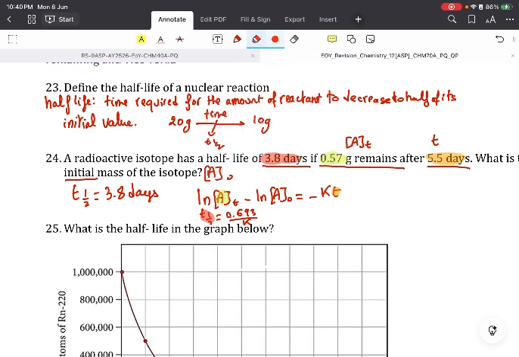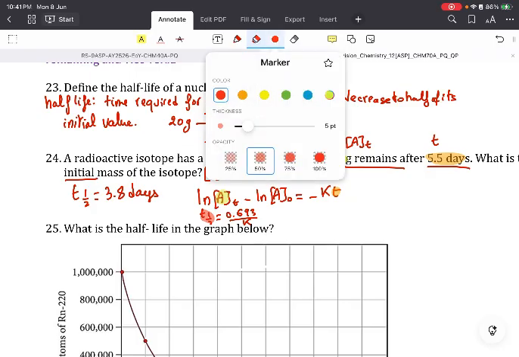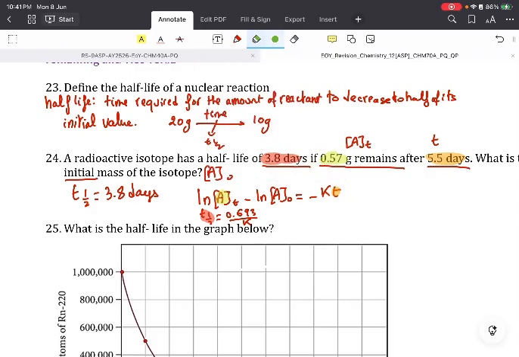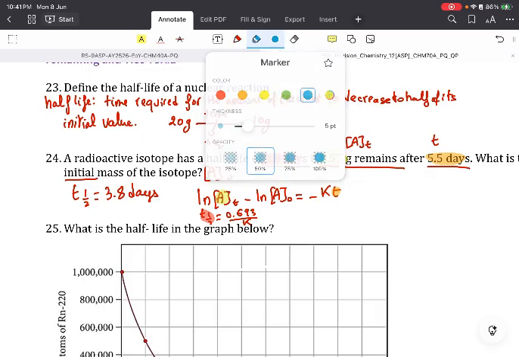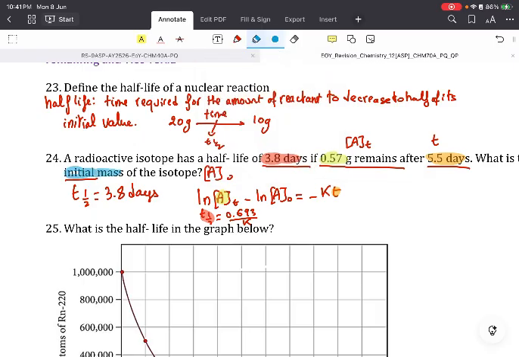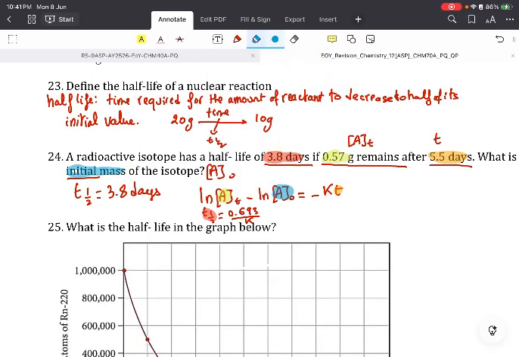So the question is asking me to find the initial mass, which is A0.